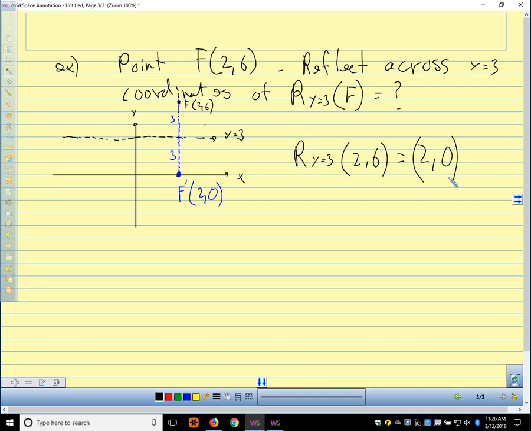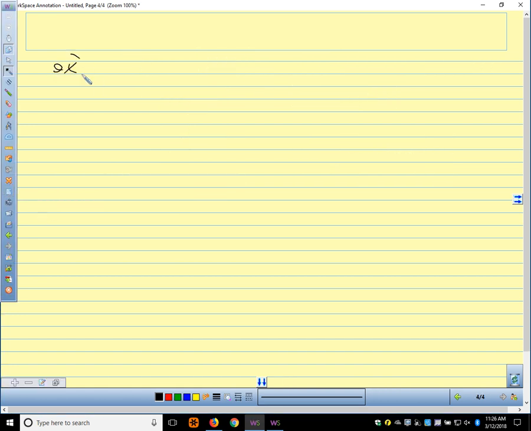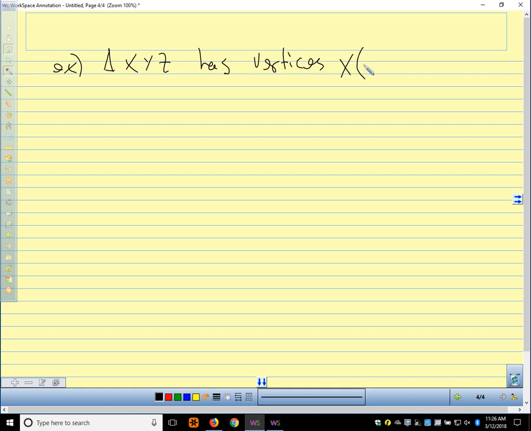All right, I just want to do one example of reflecting an entire figure, so you can kind of see the process that you're going to use in your project. So I'm going to say triangle XYZ has vertices X is at -4, 3, Y is at 2, 6, and Z is at 1, -2.